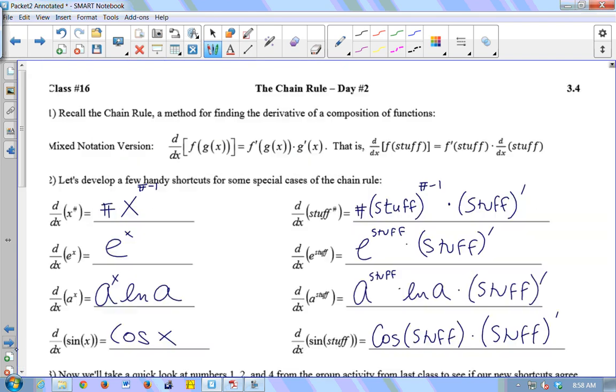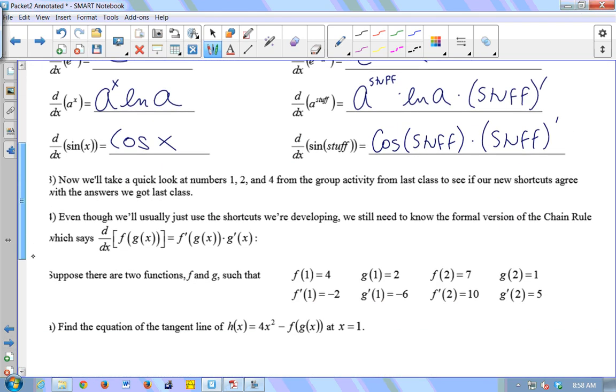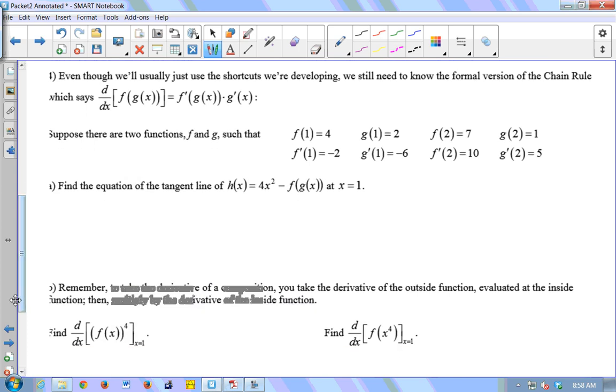And jump back to today's class. All right, so even though we're usually just going to use these shortcuts that we're developing when we're applying the chain rule, it's still really useful to know the formal version of the chain rule that says d dx of f of g of x is f prime of g of x times g prime of x. So here's two functions, f and g.